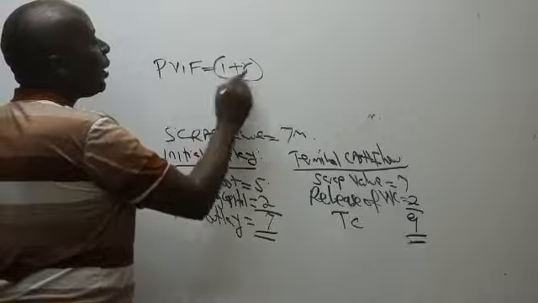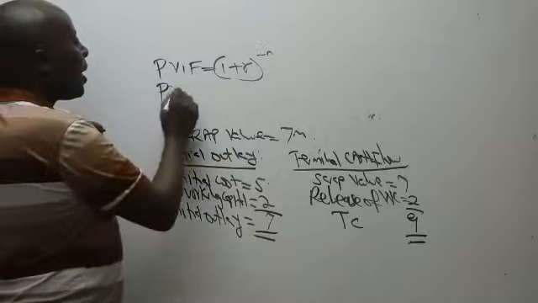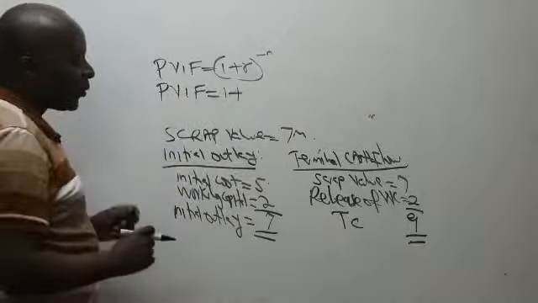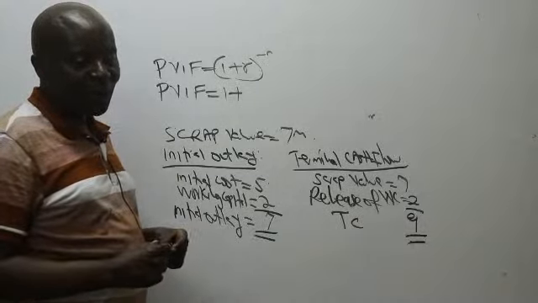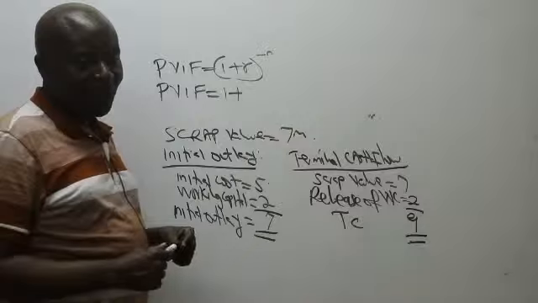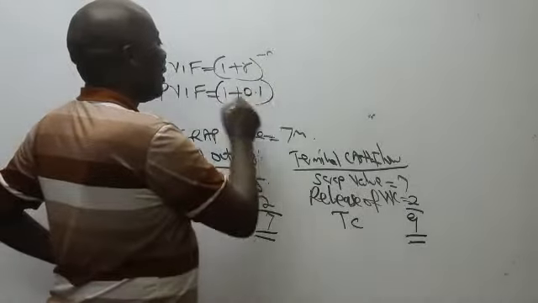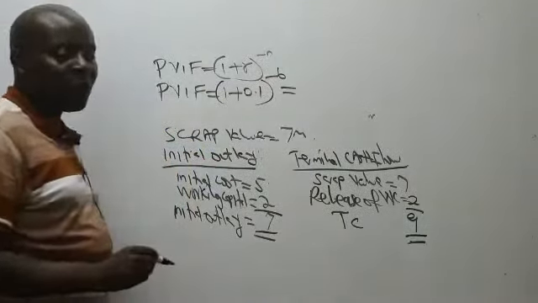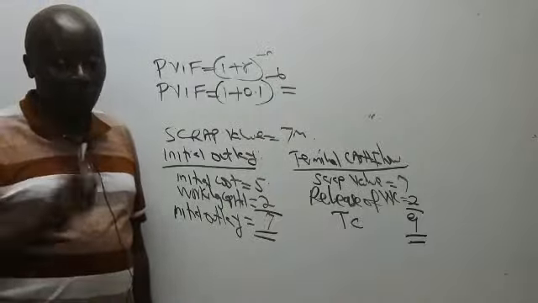We know the formula is 1 plus R raised to negative N. So PVF here will be 1 plus... Who can remind Mwalimu what was the cost of capital? 10%. So then this will be plus 0.1. Number of years are 6, so negative 6. So at the end of the day, what are we talking about here as our PVF? Our PVF will be equal to what?